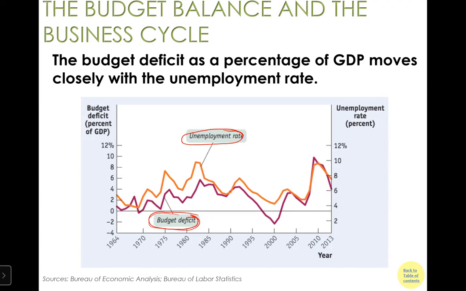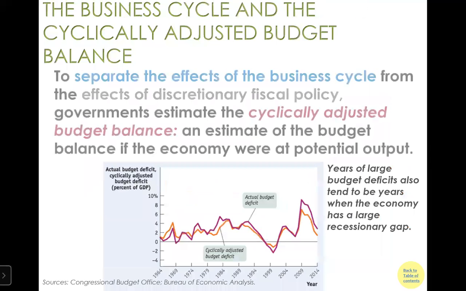And the third, the budget deficit is equal to G plus TR minus tax. When the unemployment rate increases, there are fewer people working, or the economy is producing less. And then income drops, so the tax we can collect will decline. Right? So those are the three reasons why these two will track with each other.